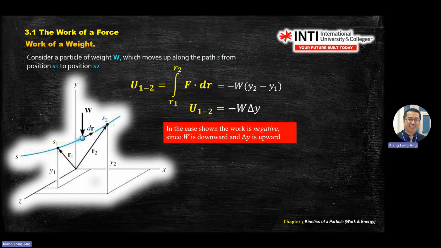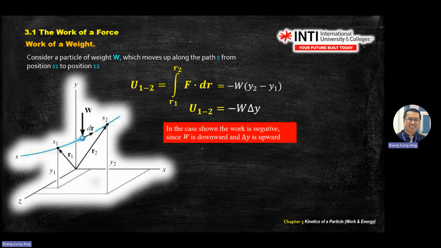So here, the work done by the gravity W in this case is negative. The work is negative because of the change of y: in this case the object is going up.